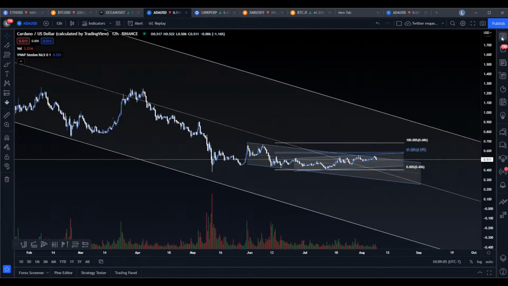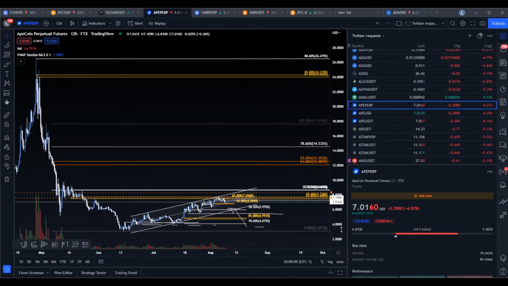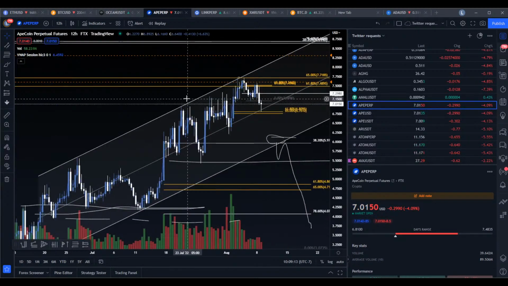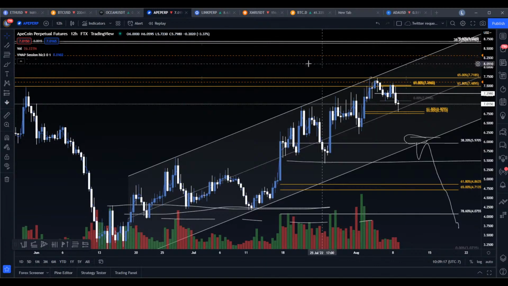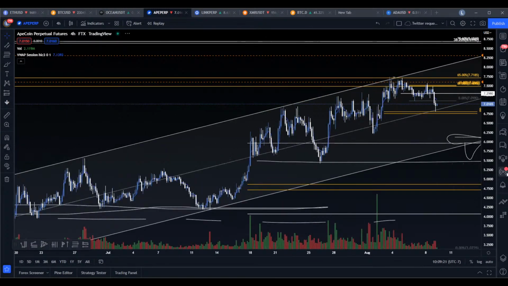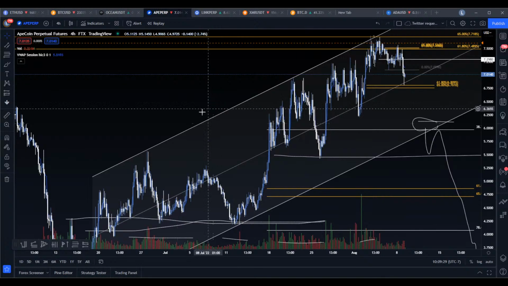I am in... actually, I'm going to close out this chart. I am in an ape short. I've been in this short for a long time. Ape has not really pumped with everything else, but I opened this short almost a week ago, and I'm still sitting in it.